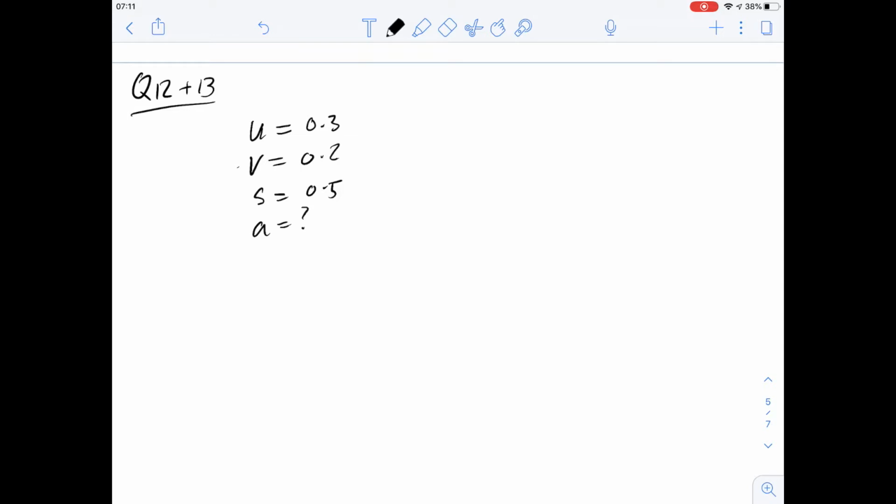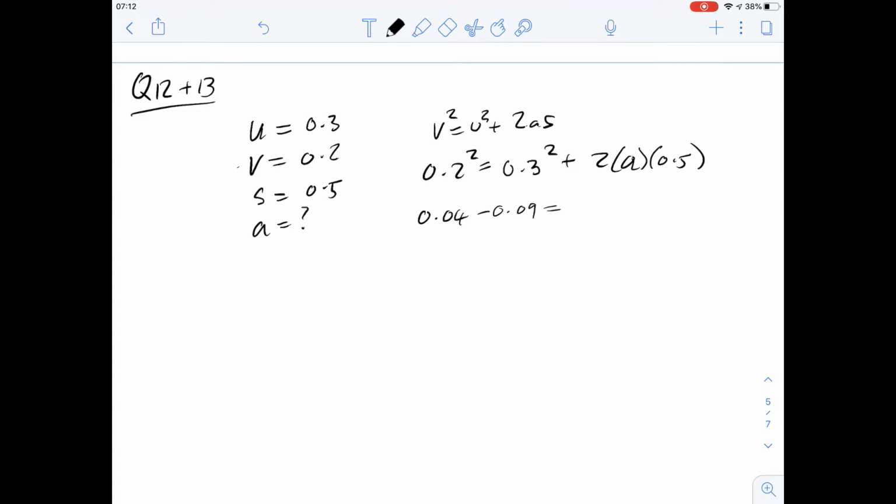So there's an equation we can use here, which is v squared equals u squared plus 2as. If we plug in our numbers, we get 0.2 squared equals 0.3 squared plus 2a, and then the distance. So simplifying this, we get this expression.